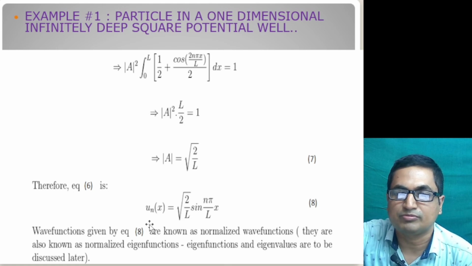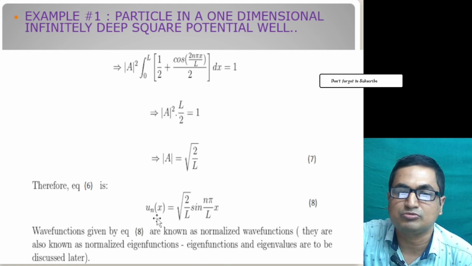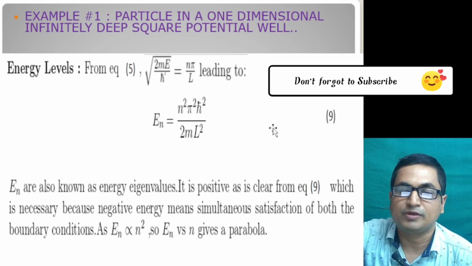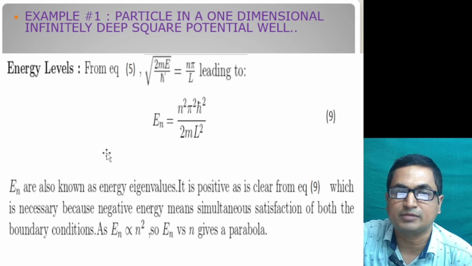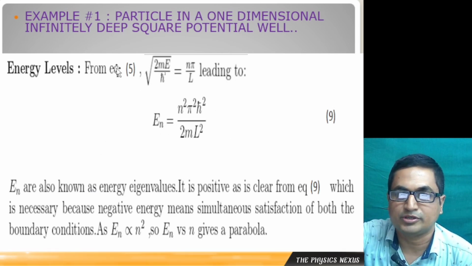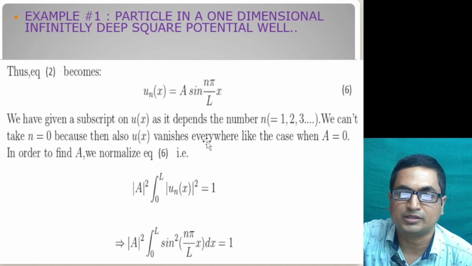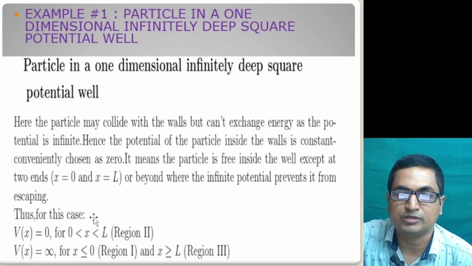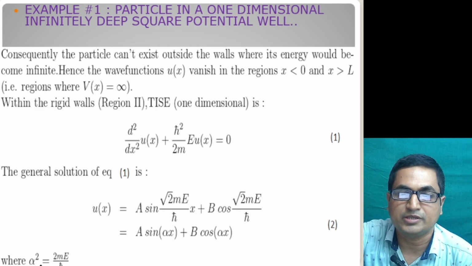The eigenvalues corresponding to these wave functions will be determined later, and we'll find they are simply energies, recovered from equation 5, where we found that α = nπ/L. And α is equal to the square root of 2mE/ħ².